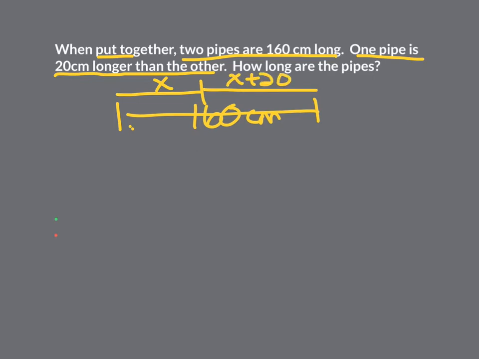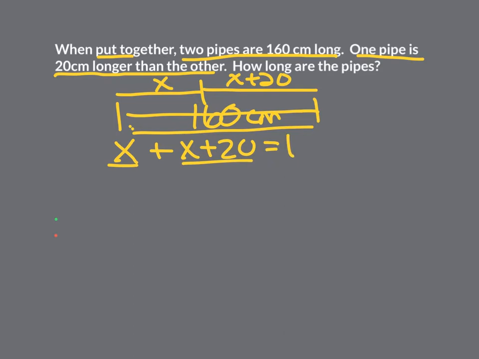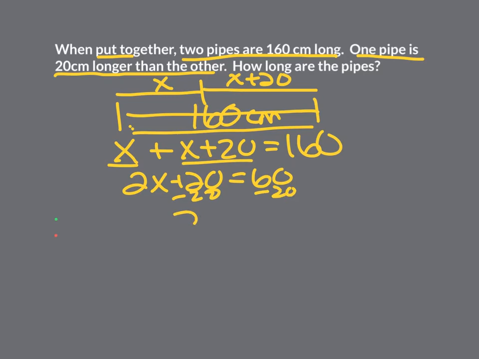All right, so we know that when we add those together, the total length is 160. So we'll say x plus 20, this pipe plus the other one, equals 160. So 2x plus 20 equals 160. Subtract 20. 2x equals 140.